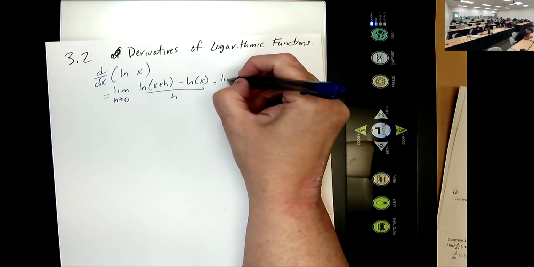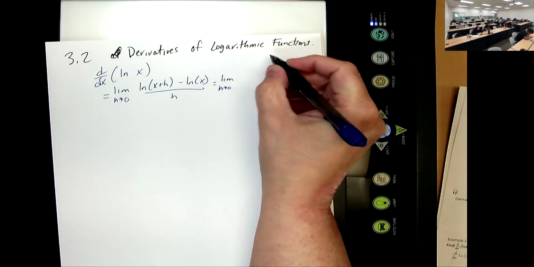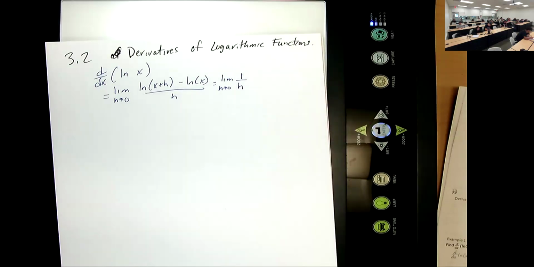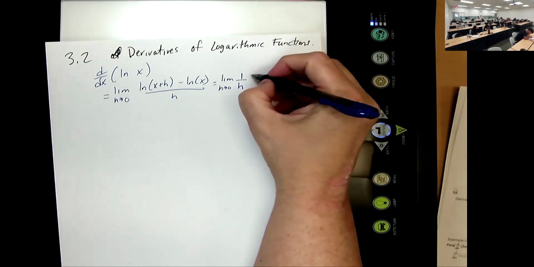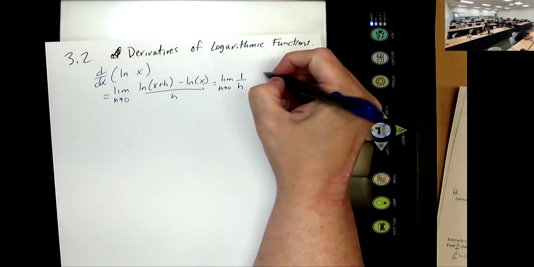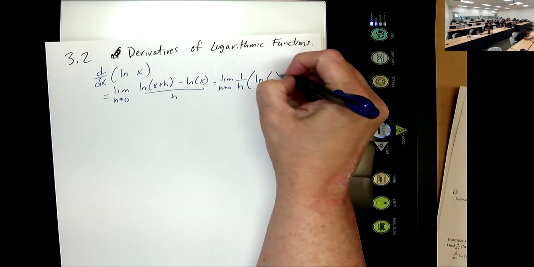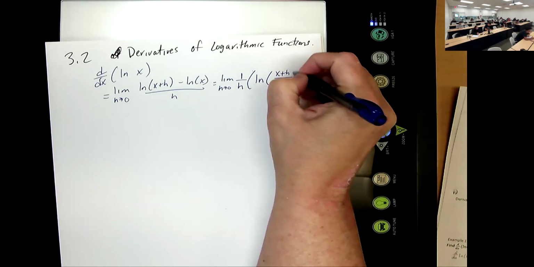And since this takes up quite a bit of space, I'm going to go left to right and then down a line. I'm going to put the 1 over h out front. And then I'm going to use the property of subtraction of natural logs that allows us to put this together as x plus h over x.